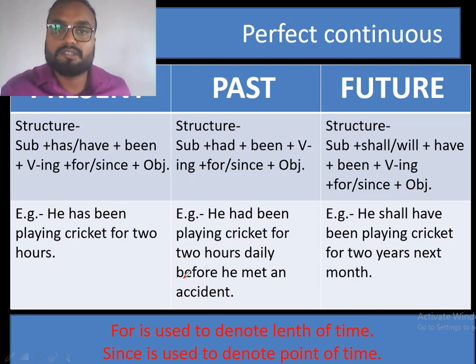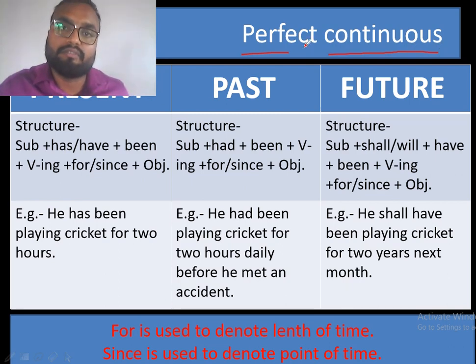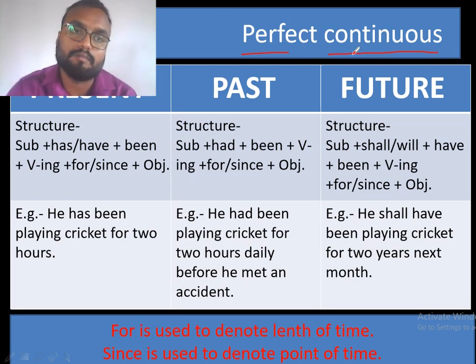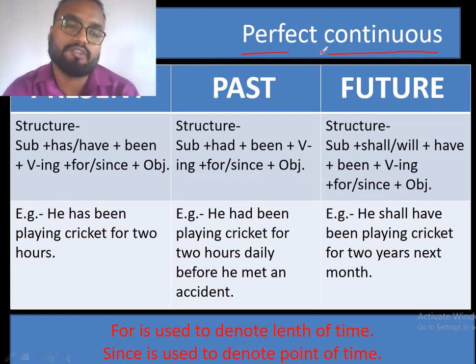Therefore, this tense takes the name perfect as well as continuous. To show perfectness, time is given. To show continuity, the action is continuous. Again, the ing form is used. So what does it mean? Present perfect continuous tense, past perfect continuous tense, future perfect continuous tense.